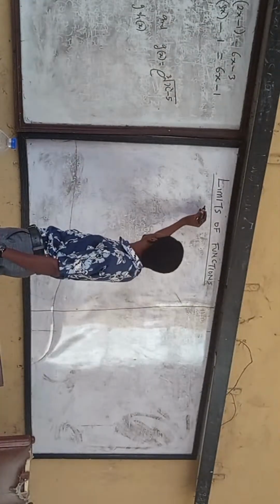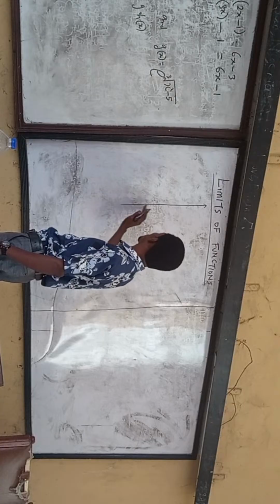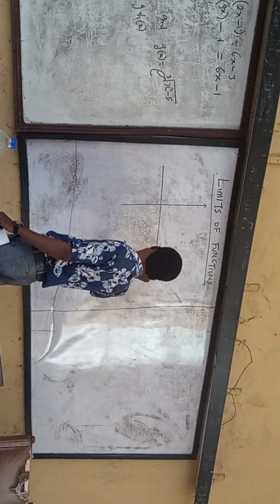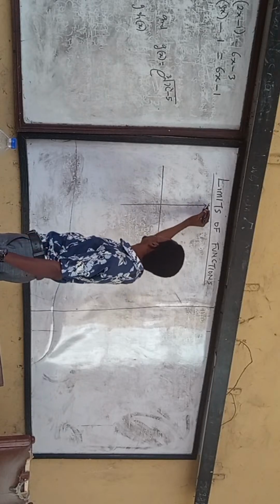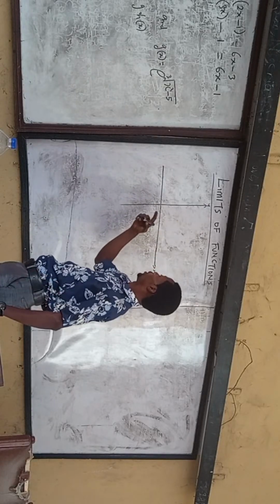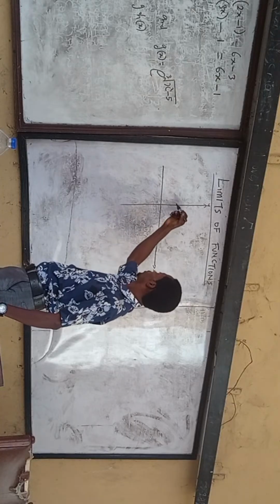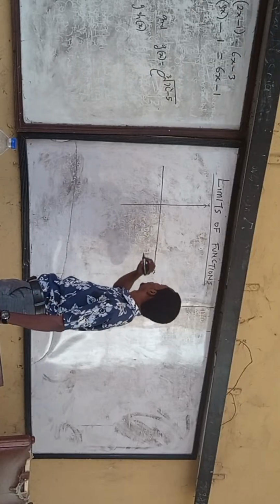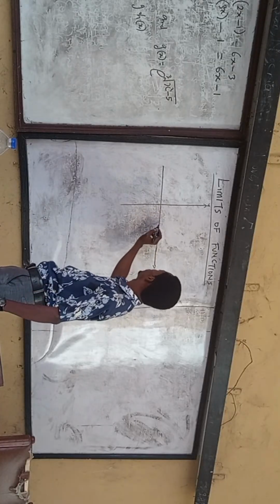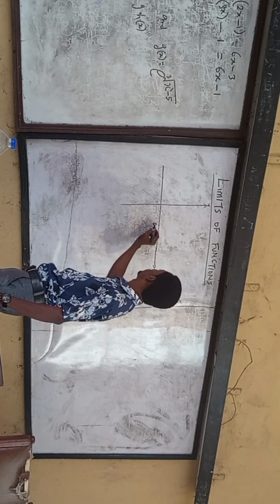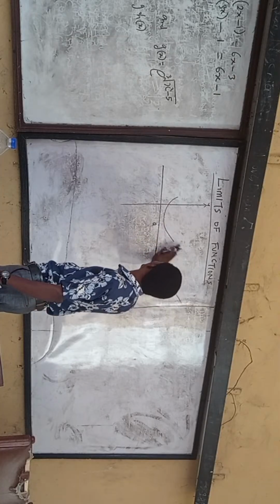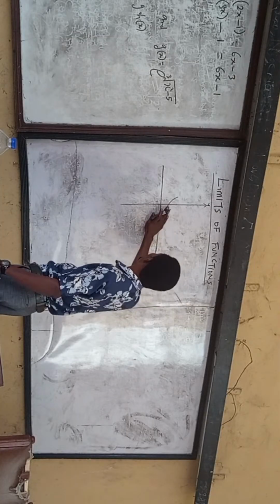So please, let's look at this graph. Let's say for instance we have this graph, X and Y, and I can find any curve. Let's say I pick a point A here, and I define any function.